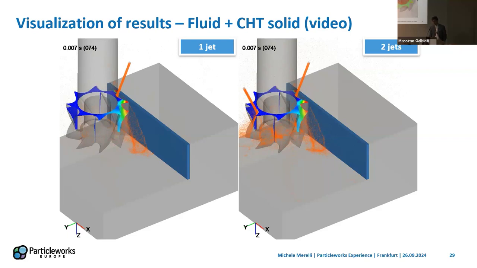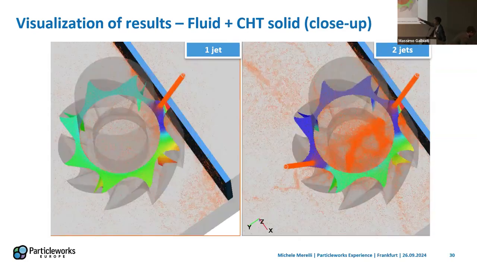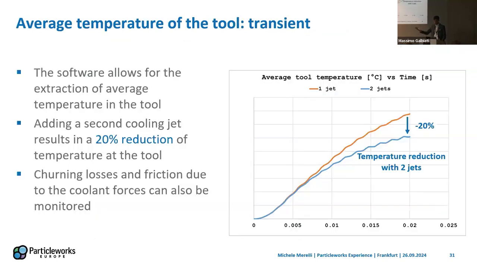And here it's shown very clearly that when we combine on the left the second jet, we have a better distribution inside the tool. And that we can see directly from the software, it's an output, a CSV from the software. We can monitor the average temperature, and we were able with the second jet to reduce it by 20%.